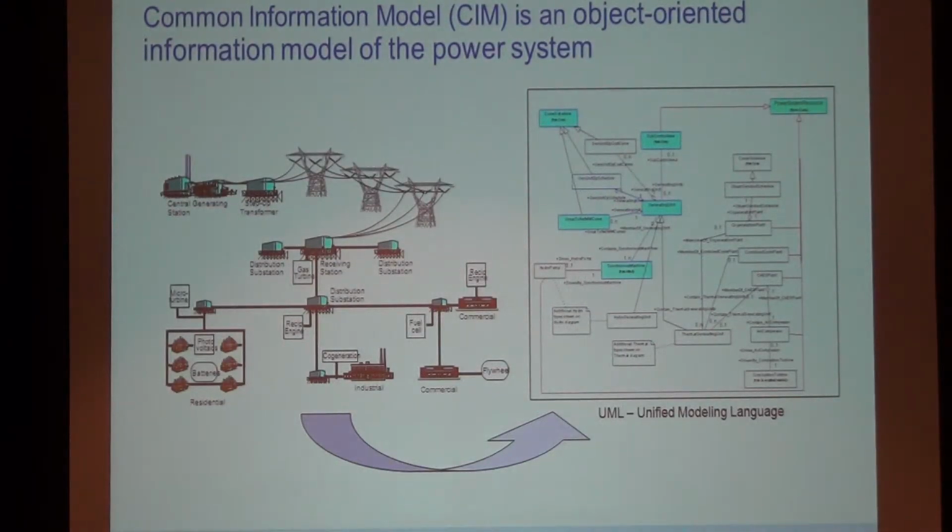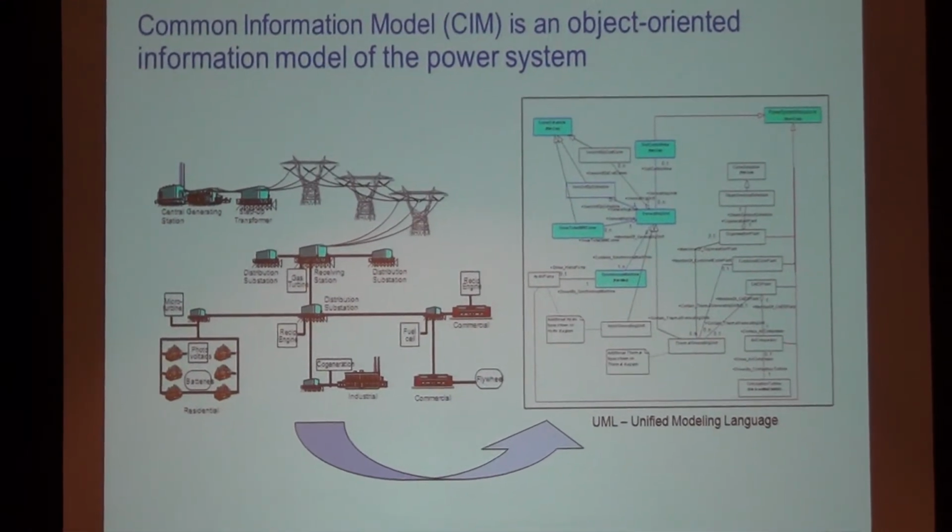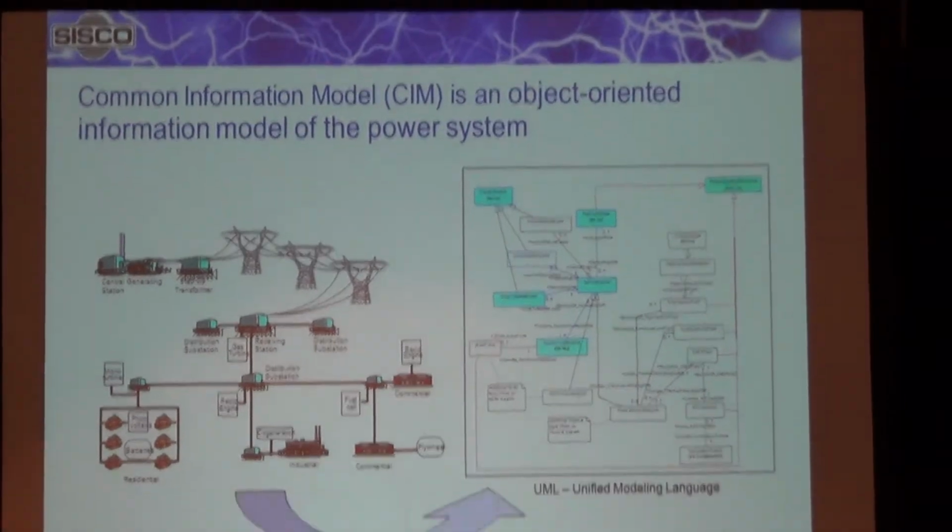So the other IEC standard I want to just give a brief review of is the Common Information Model. It's an object-oriented model of the power system. It's basically a way of transferring the physical construction of the power system, of the wires, the poles, the insulators, the transformers, the power plants, the generators in the power plants, the circuit breakers and switches, and describing this in an object-oriented unified modeling language, a UML model, that computers can understand, so that now you can exchange this information between applications.